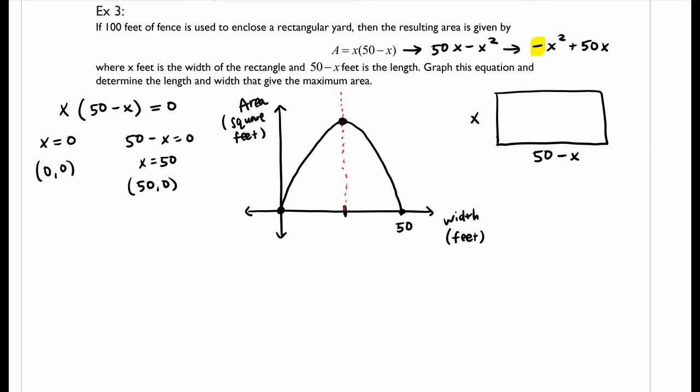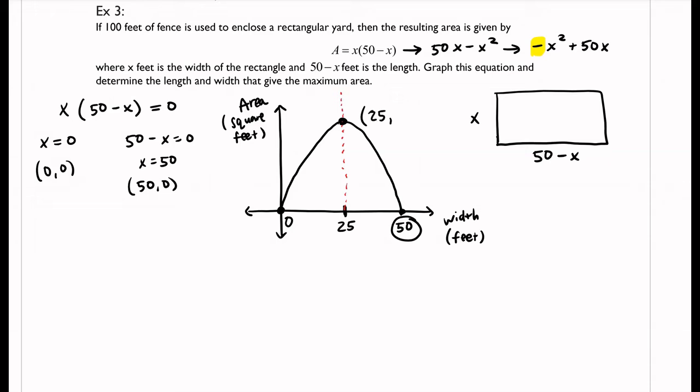And so if this value here is 0 and this is 50, our vertex is going to lie exactly halfway between the two x-intercepts. And so without doing a whole bunch of math, the number that's exactly between 0 and 50 is the number 25. And so the x-coordinate for our vertex is 25.